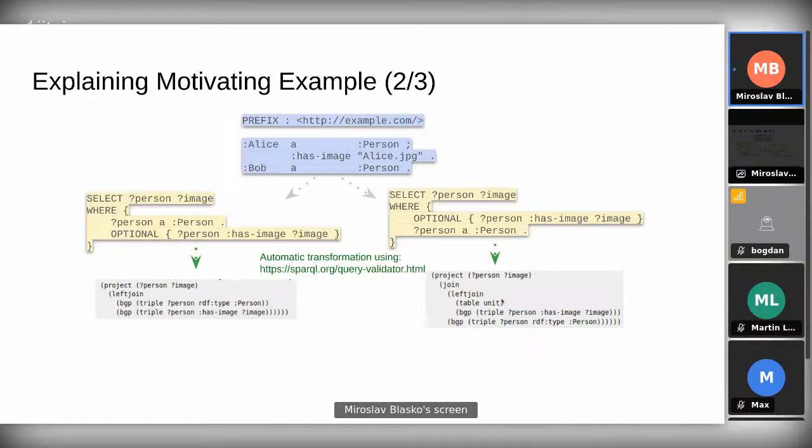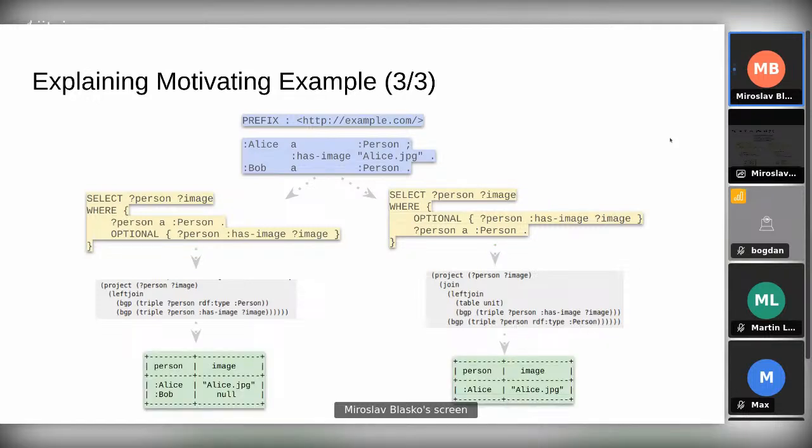So this empty group pattern, as I said, and we attach to that table this basic pattern, and then we attach this person of type person. So the result will be the following.